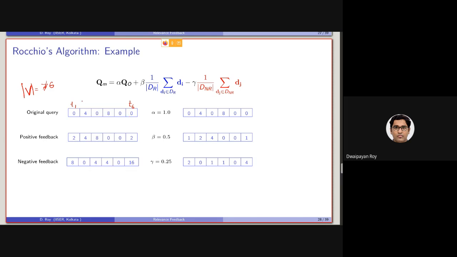So the query is basically some combination of term 2 and term 4. Can someone guess what can be a possible query? What can be the Q0? Q0 can be T2, T4, T4, 2 T4.